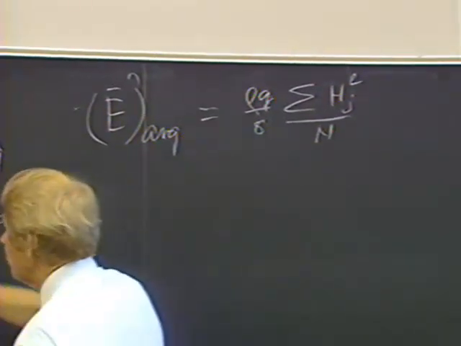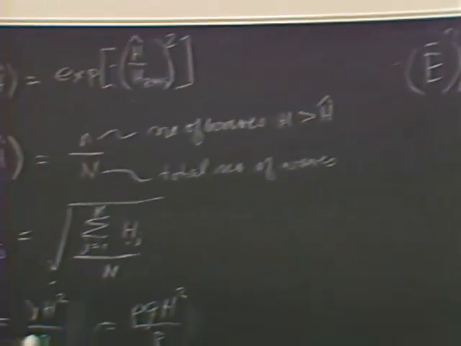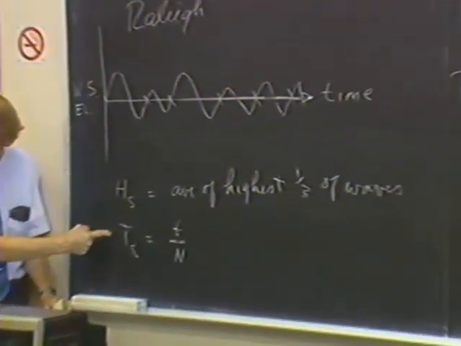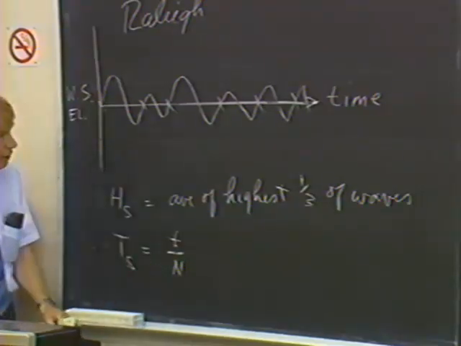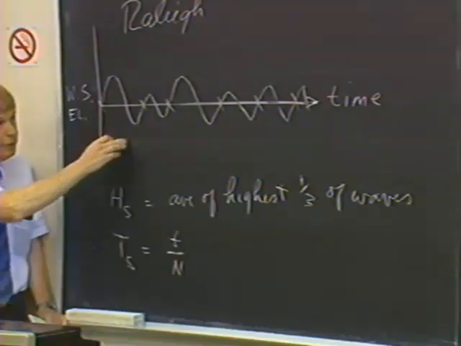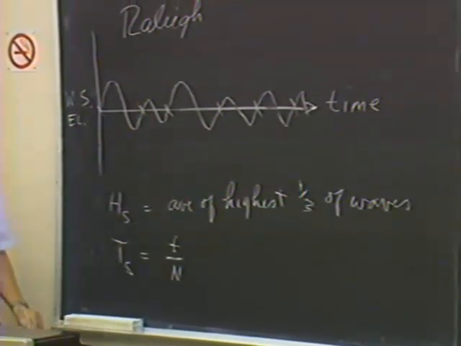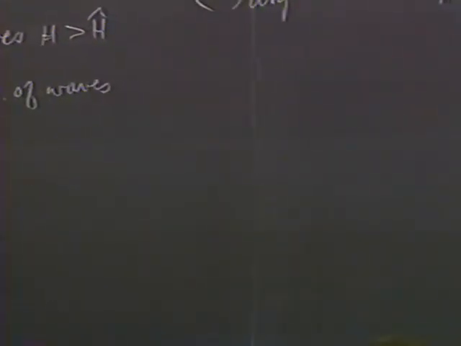Now we can rewrite. Question: on the significant period, should that be big N or small n? That's a large N. That's the total number of waves in the sample that you took. Total number of waves, or total number of significant waves?